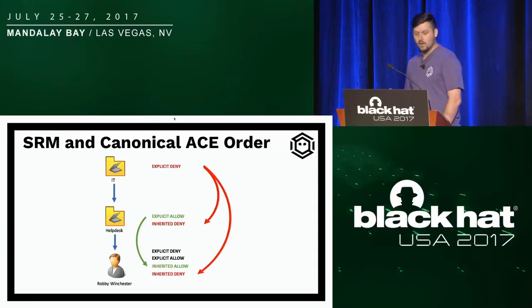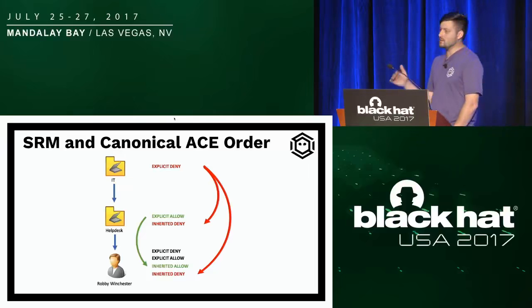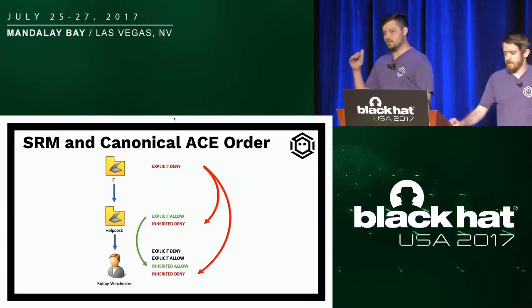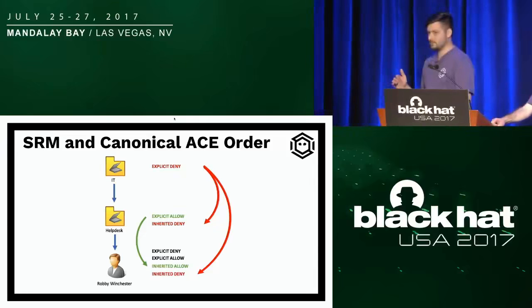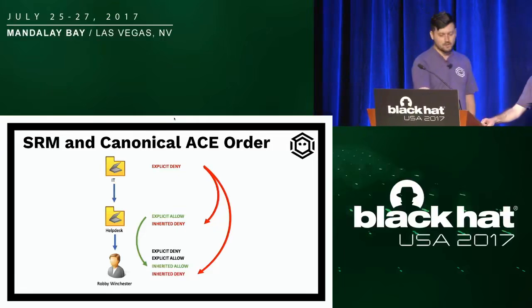What if in the intermediary OU on help desk, I said, well, wait a minute, I want to have an explicit allow. That explicit allow is going to override the inherited deny, because explicitly defined ACEs override inherited ACEs. There's one final complication with this. So that explicit allow is also going to be inherited down to the Robbie Winchester user.